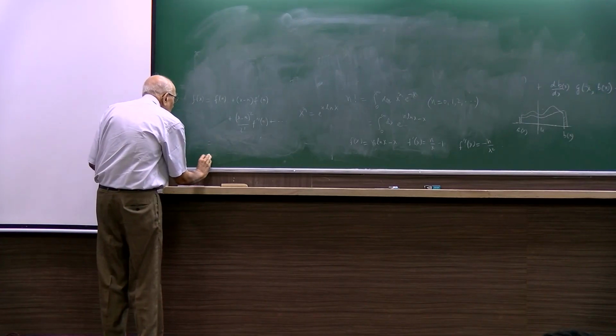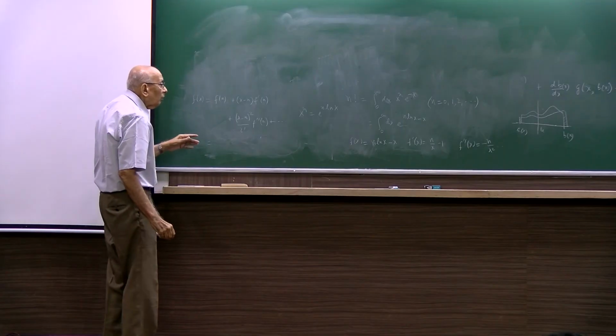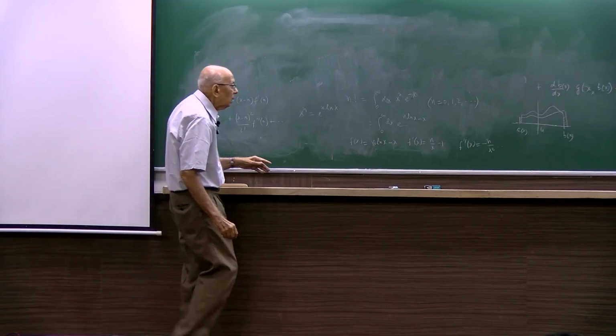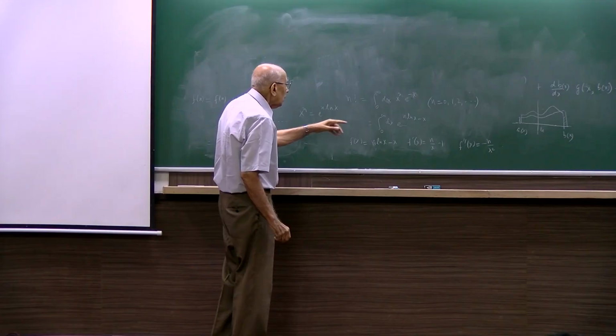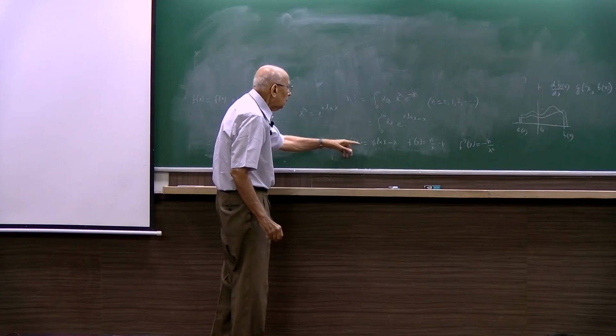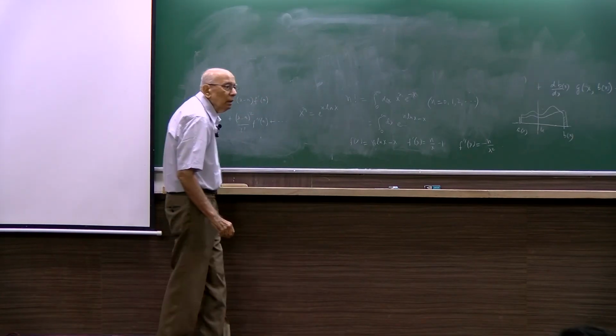What's that equal to now? If I put it in, I know what f of x is. It's this guy: n log x minus x. What is f of n?